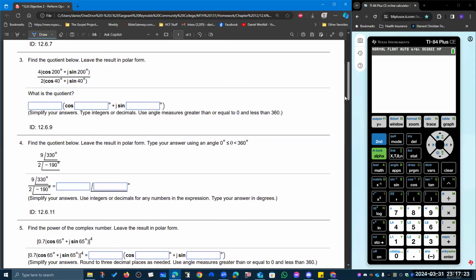Now we find the quotient here, and it might help me to actually look at those in the other form with e. Where I was multiplying and adding before, now when I divide, I'm going to subtract. So this is going to be 2, and then this is going to be 200 minus 40 is going to be 160.